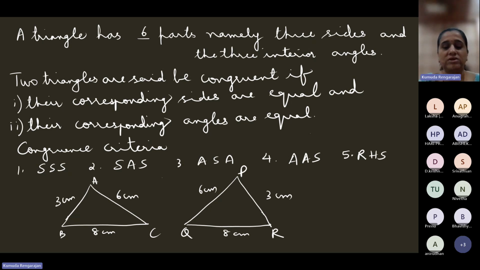We only know about the sides of the two triangles. Maybe you can make cutouts and place one over the other, but without that you cannot say, because we do not have any information about the angles.